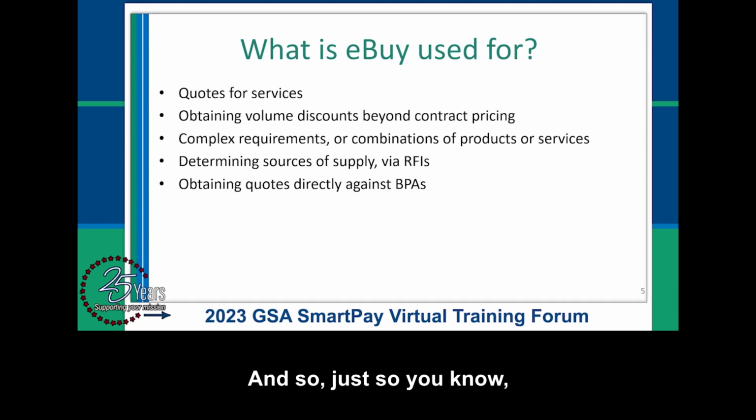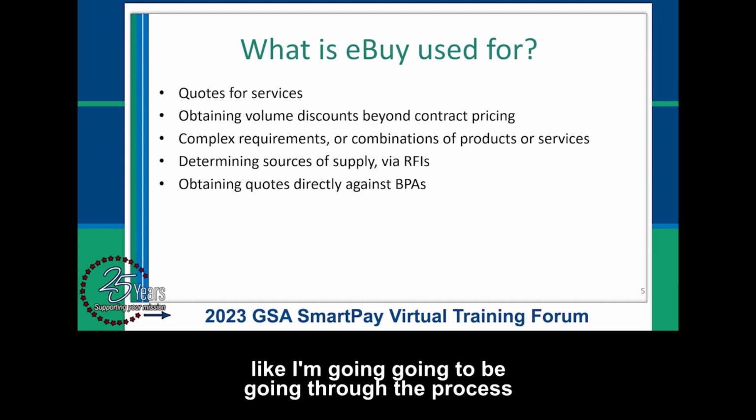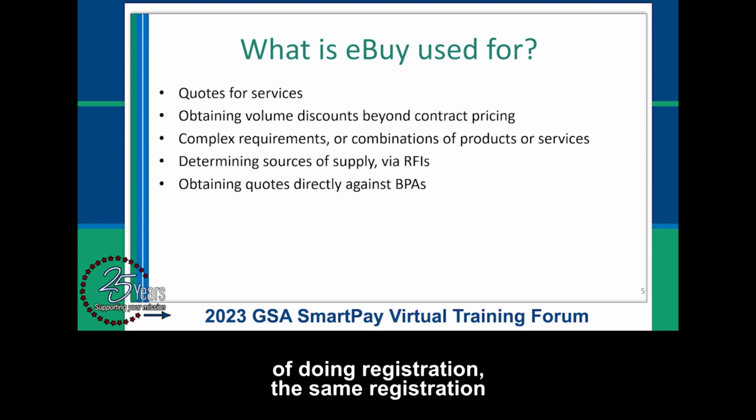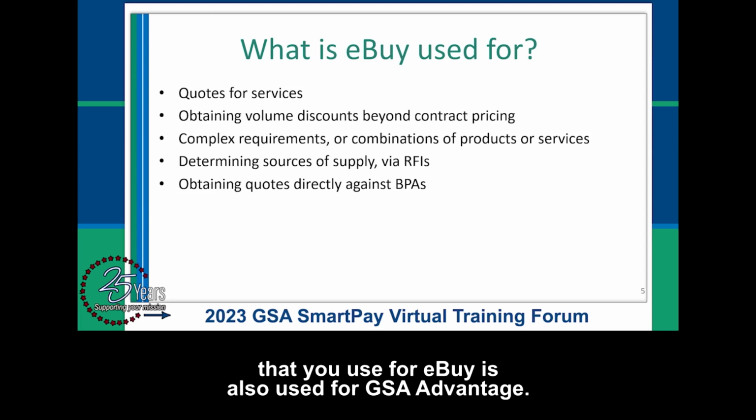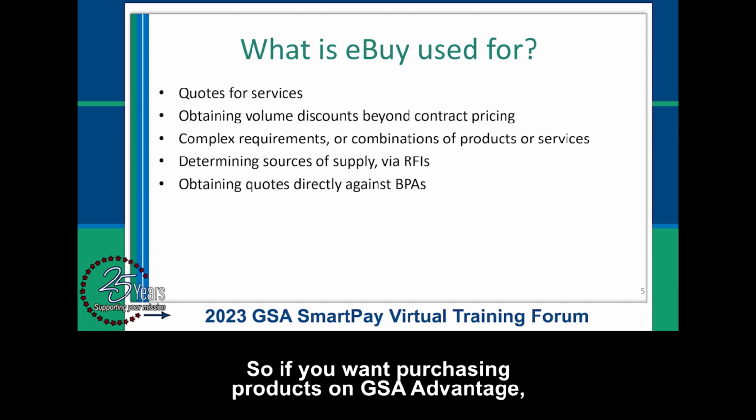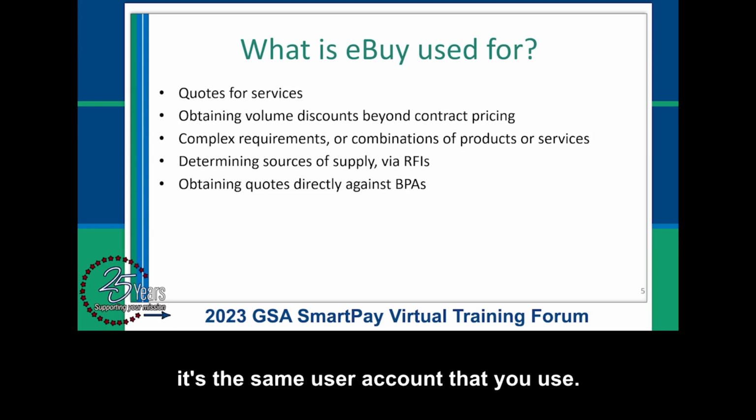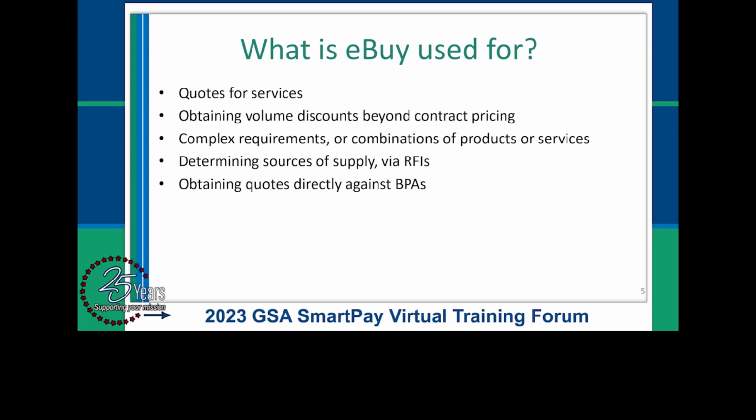I'm going to be going through the process of doing registration. The same registration that you use for eBuy is also used for GSA Advantage. So if you're purchasing products on GSA Advantage, it's the same user account that you use.